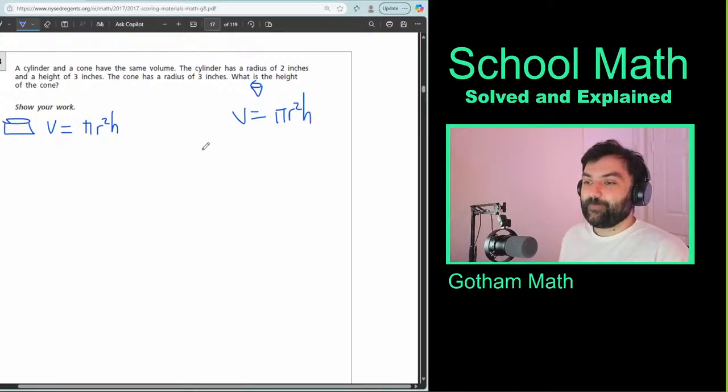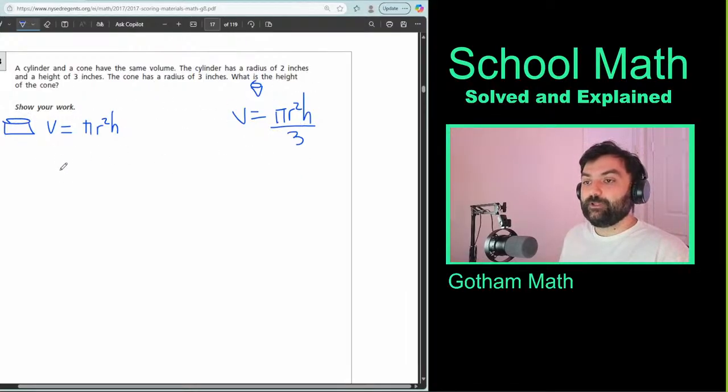By the way, if you want to remember the volume formula for the cone, just remember the volume formula for the cylinder, because it's the same thing except just divided by 3 in the end. That's all. Perfect match. Cone, cylinder, very similar.